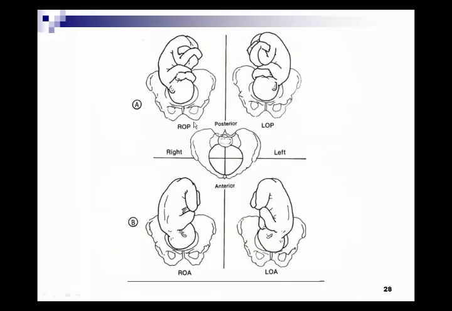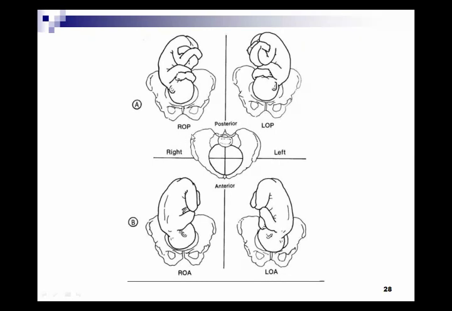So what we do is we look at where the presenting part is. This is an occiput presentation, right? This has good flexion. The top of the head is there, and it is falling into her right posterior pelvis.